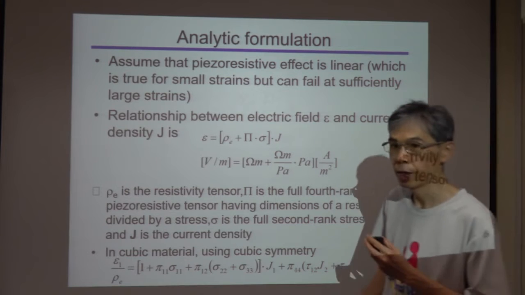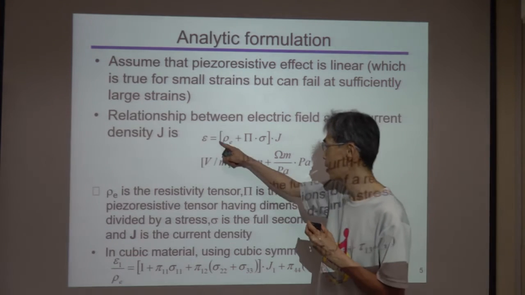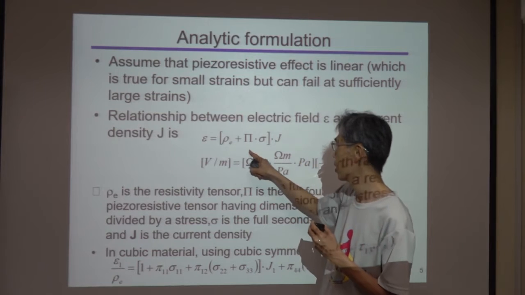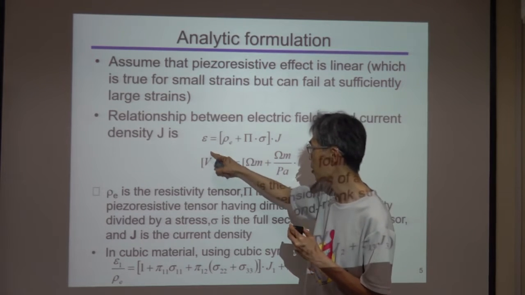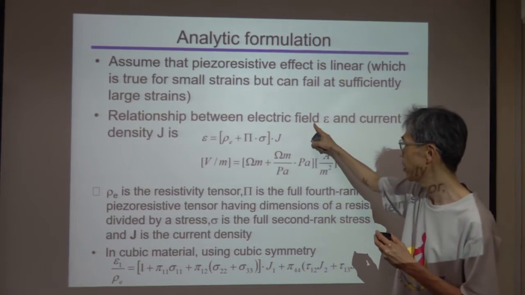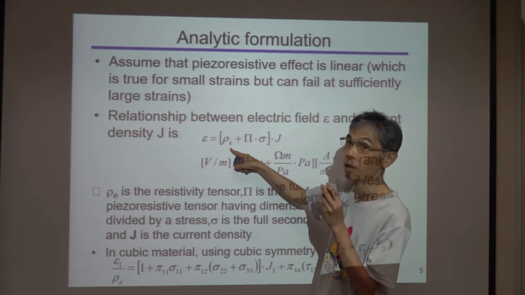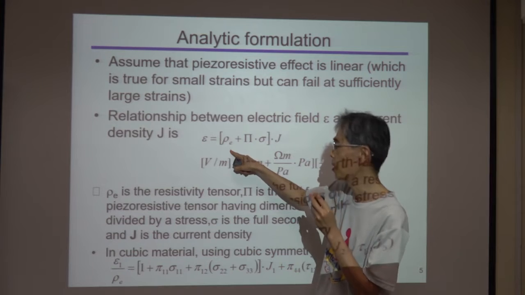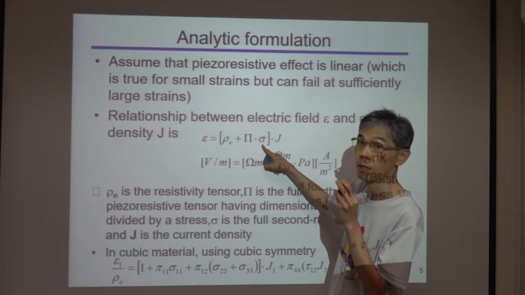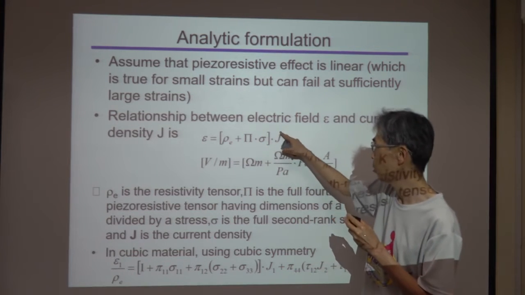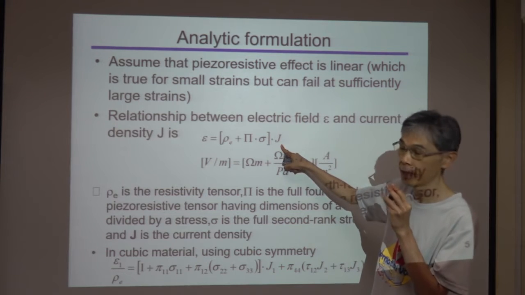Okay, so I made a mistake. This one is resistivity. This one is electric field. Electric field is this one. This one is resistivity. This one is stress. This one is current density.